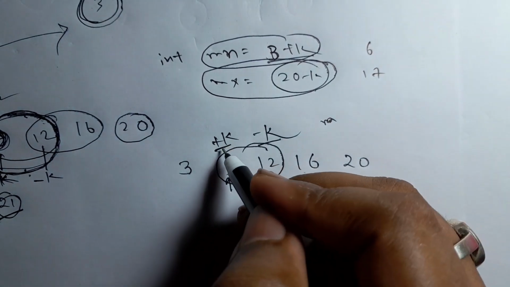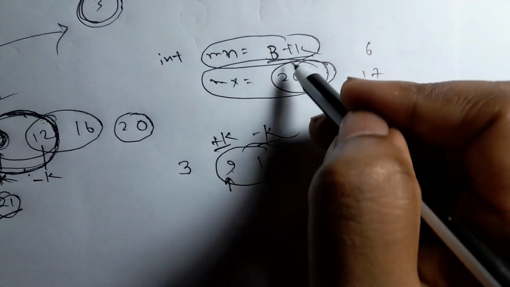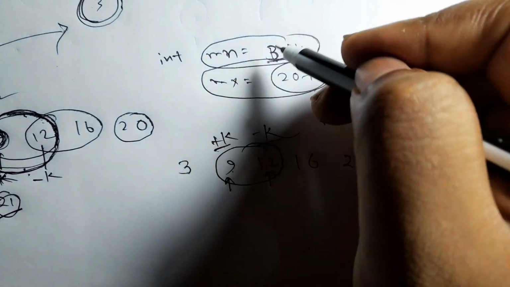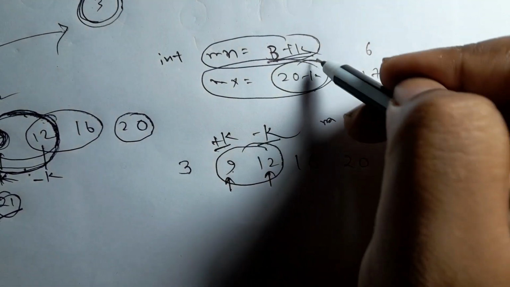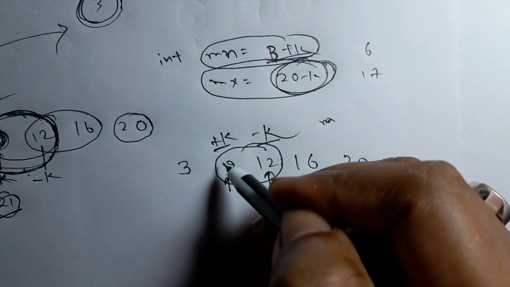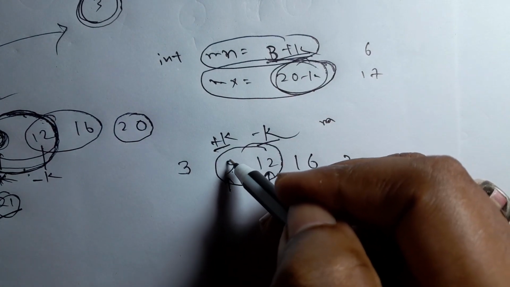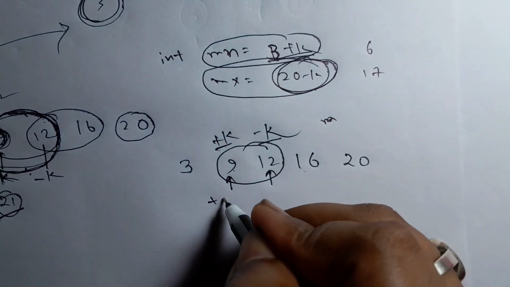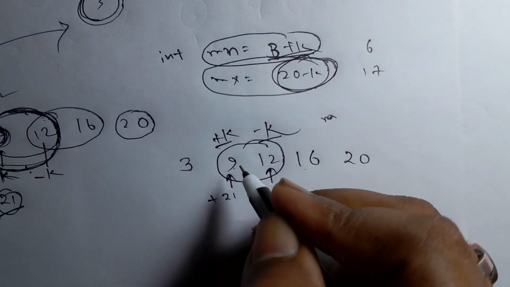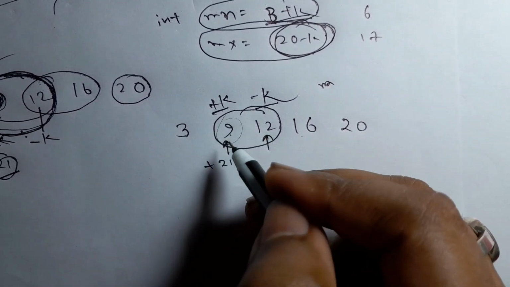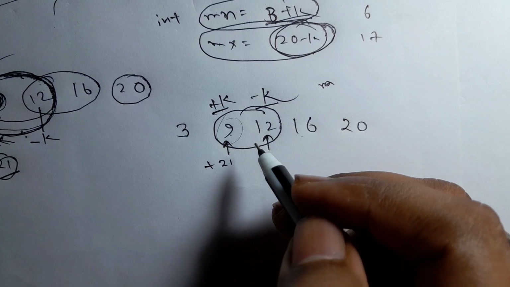Suppose our plus k is very high, so our max can be changed. So we have to keep track. This is the max. Our max can be changed if we plus k with the smallest element. So if we plus 21, then our smallest element will be the bigger one. Okay, you can understand.